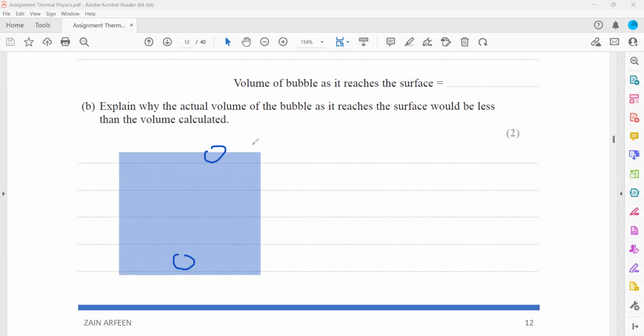When it reaches the top, the temperature was 20; at the bottom, the temperature was 5. This is the surrounding temperature, but in practice the air bubble may not have the same temperature as the surroundings. It might have a lower temperature. So the bubble and the surrounding temperature are not the same. That's why the volume won't be the same, and it will be lower.